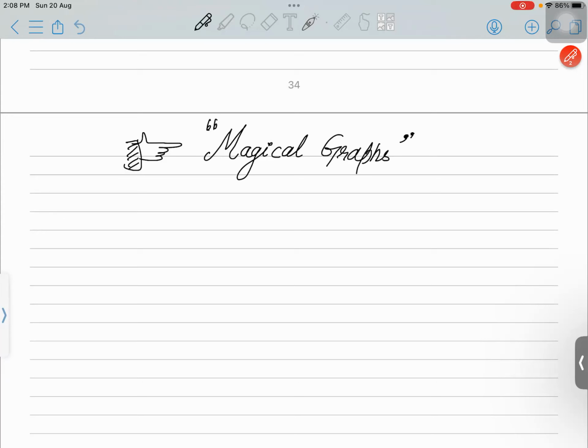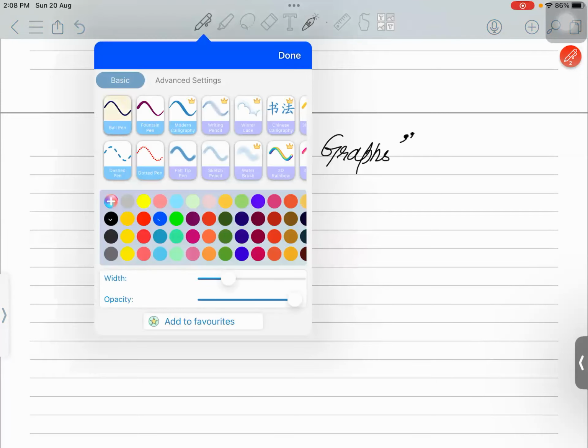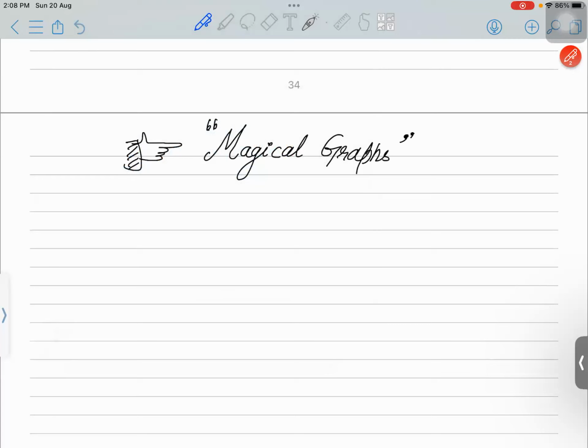Now, the chapter is nearly ended, but remember the magical graph. Make the heading magical graph and the subheading successive ionization energy.